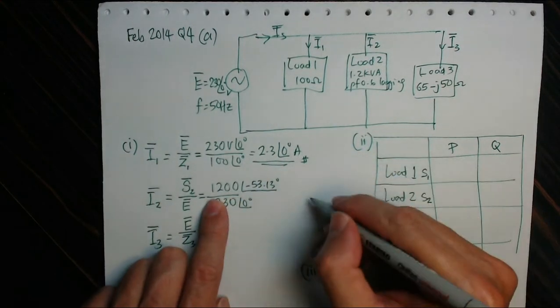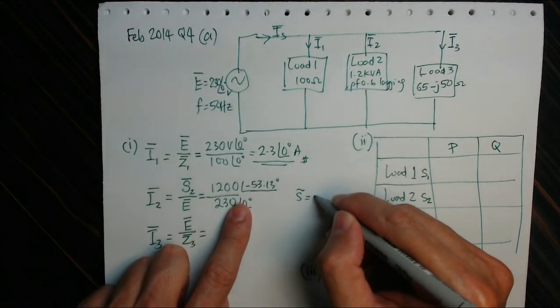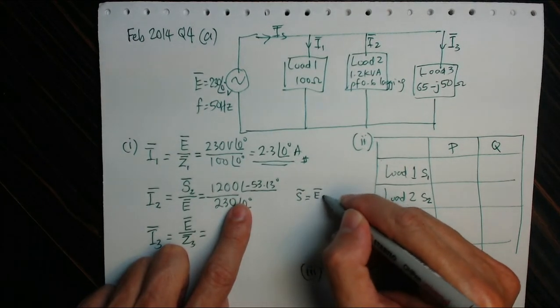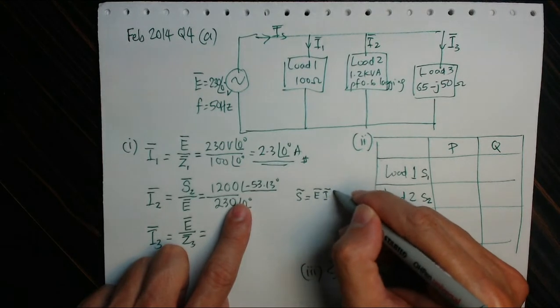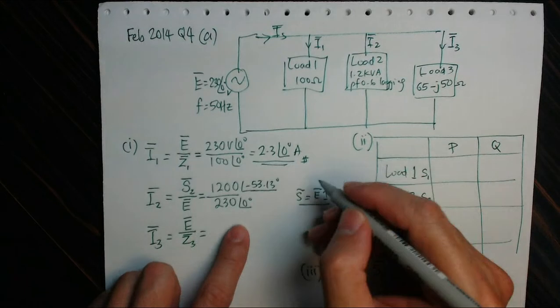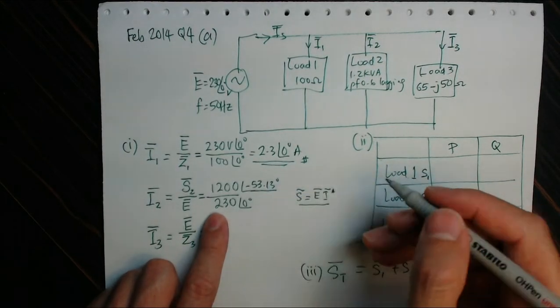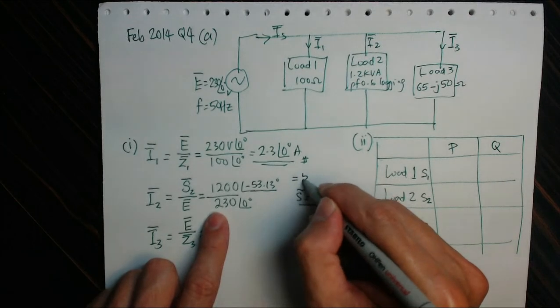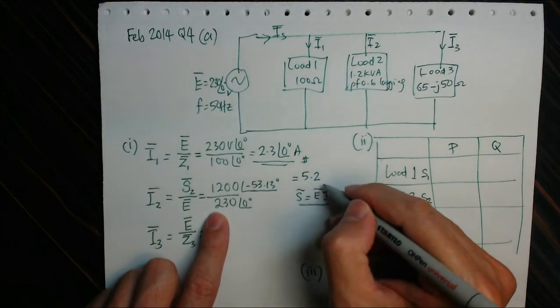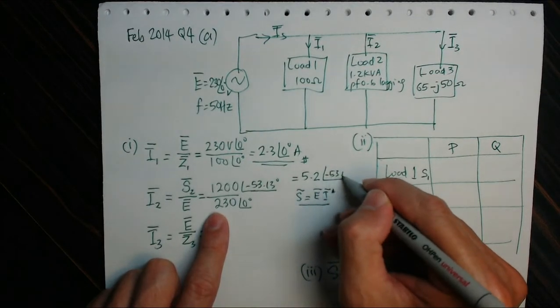Remember, S is equal to E multiplied by the conjugate of I, so the angle becomes negative. That gives us a value of 5.2 amps with an angle of minus 53.13 degrees.